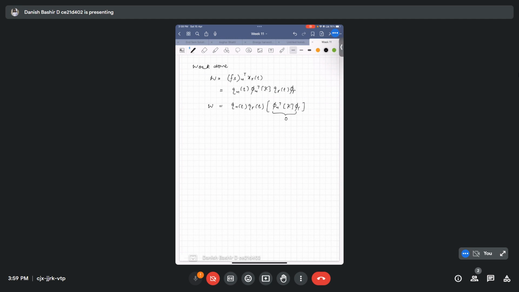This proves our second implication: the work done by equivalent static forces associated with displacements of the nth mode going through rth mode displacement is equal to zero. This is actually the physical meaning of orthogonality.